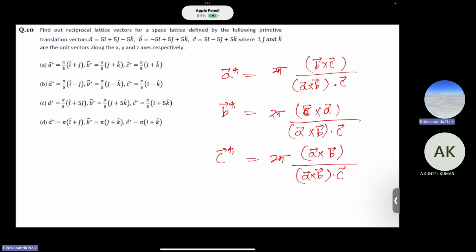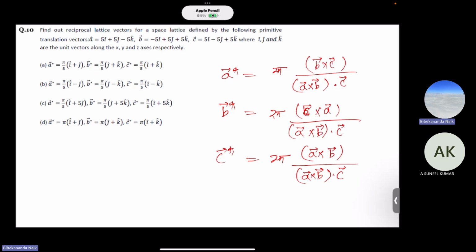But if you see the vectors that are given, A vector, B vector, and C vector, they are in some particular order. Since 5 can be taken out as common, the A vector is i cap plus j cap minus k cap, B vector is j cap plus k cap minus i cap, and C vector is i cap plus k cap minus j cap.